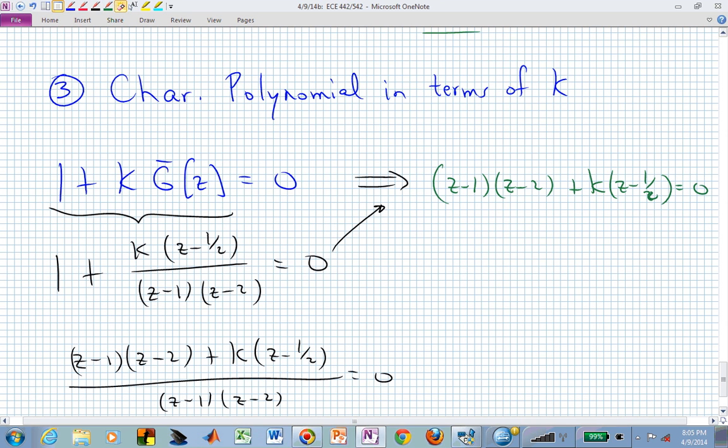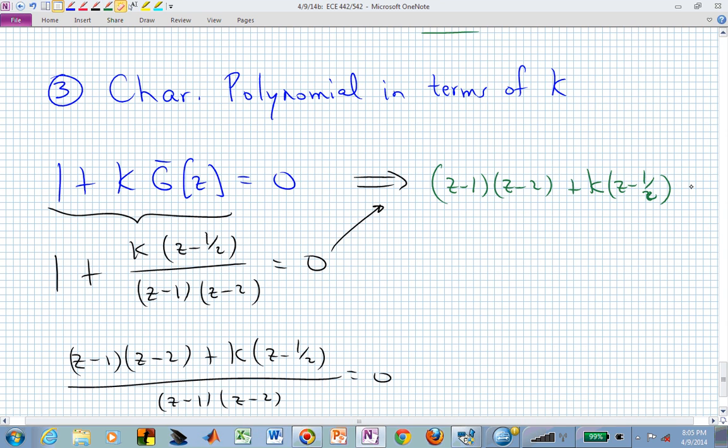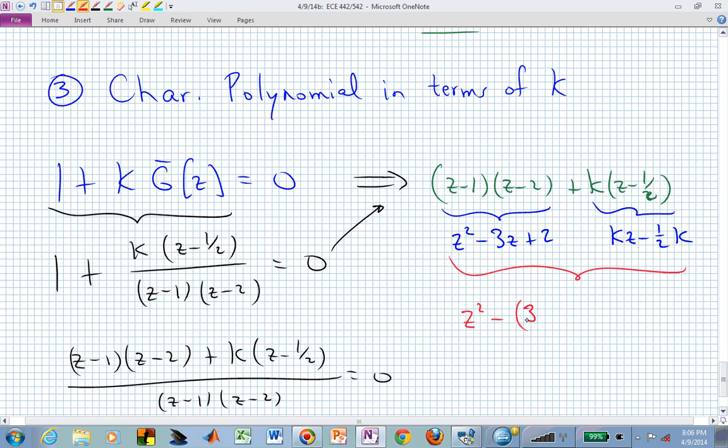And this is now our characteristic polynomial. If we then clean that up a little bit, this piece is going to be z squared minus 3z plus 2. This piece is kz minus 1 half k. And if we combine all of those together, then the characteristic polynomial will be z squared minus 3 minus k times z plus 2 minus 1 half k.